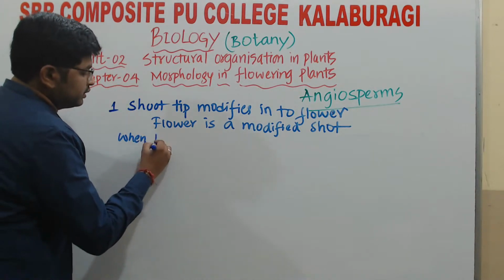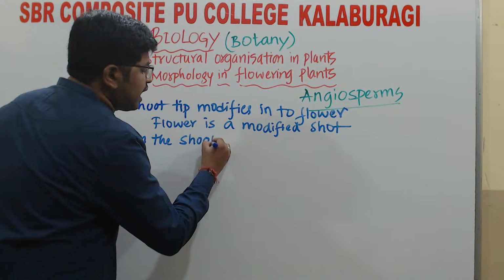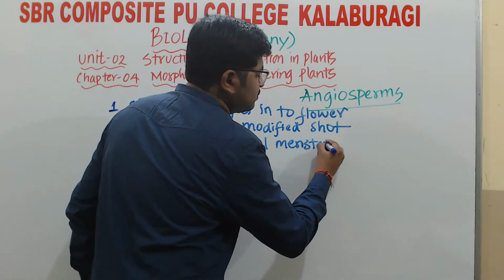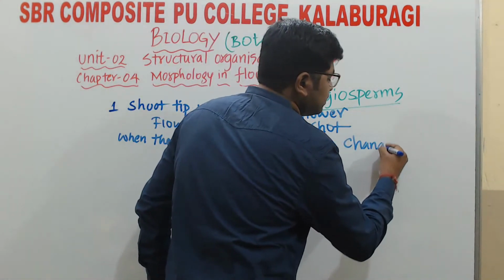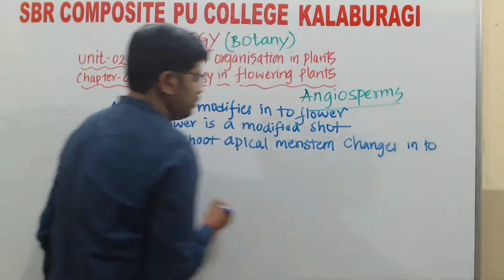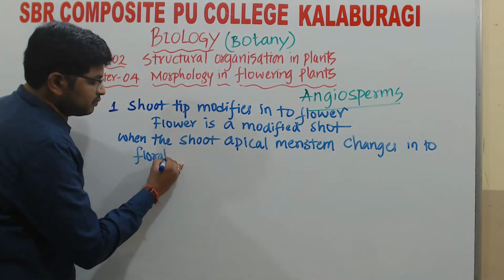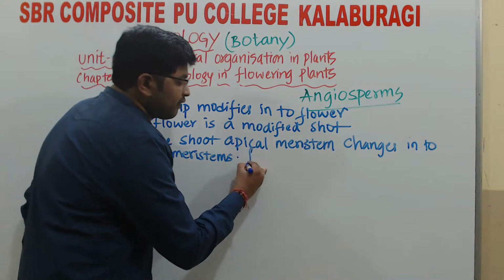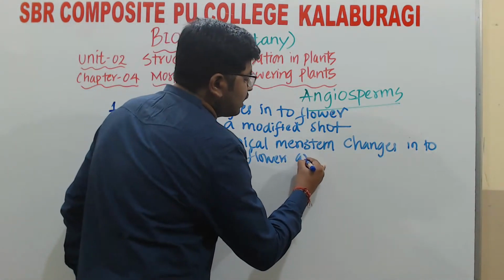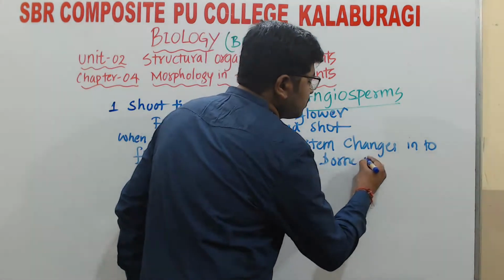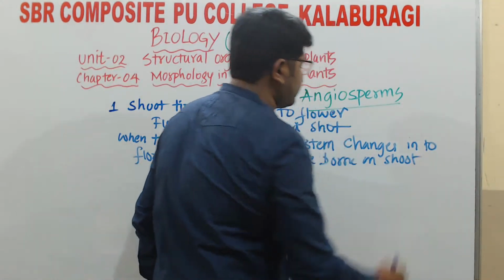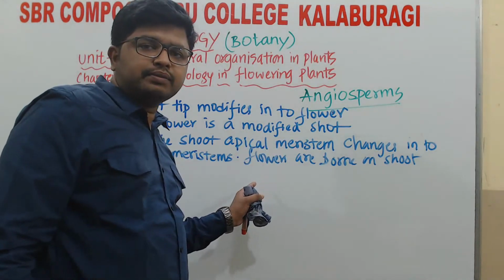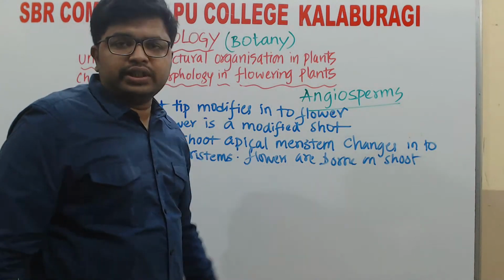When the shoot apical meristem changes into floral meristem, flowers are born on the shoot.